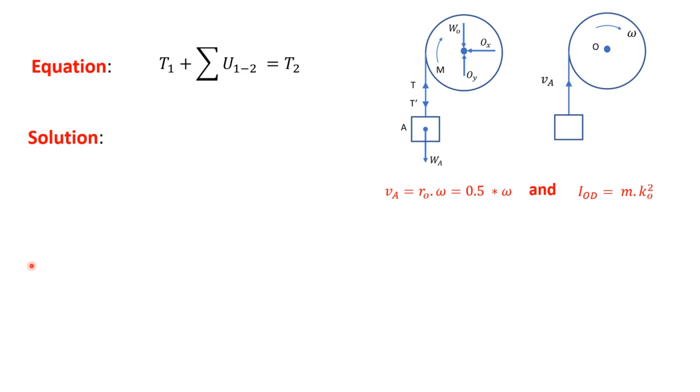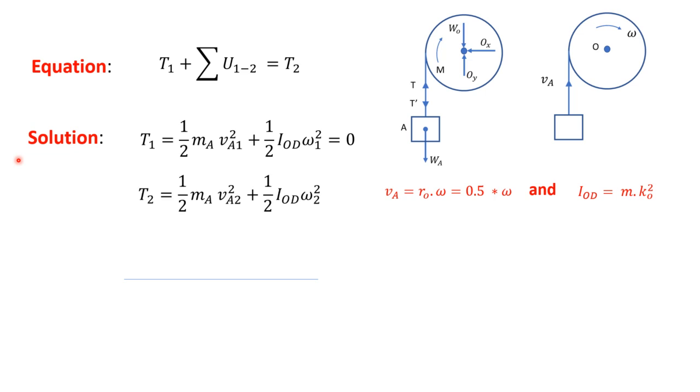So once again, the equation is the same energy and work equation, and we need to find T1 and then T2. Obviously, T1 is going to be 0 because the omega and the velocity are 0. So both the velocity 1 and omega 1 are 0, so the equation is 0. Now we come to the other part, which is T2.